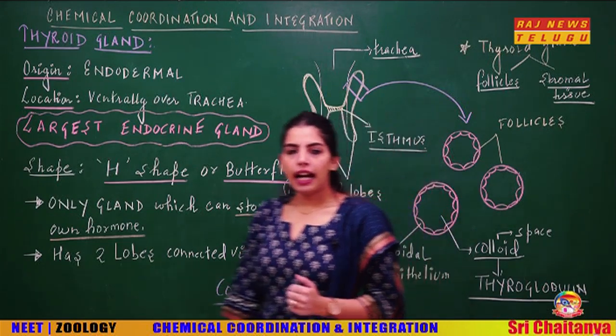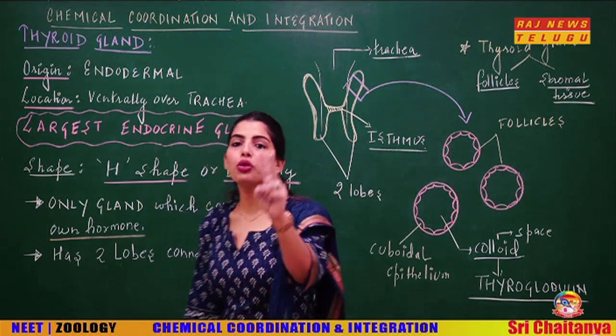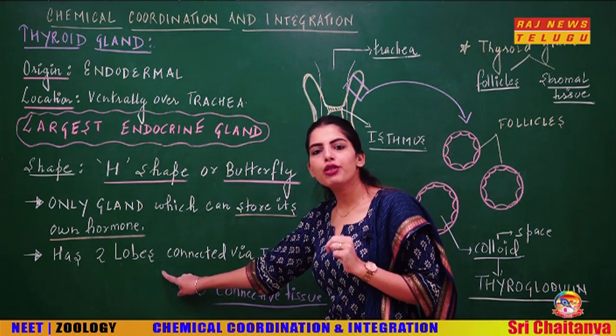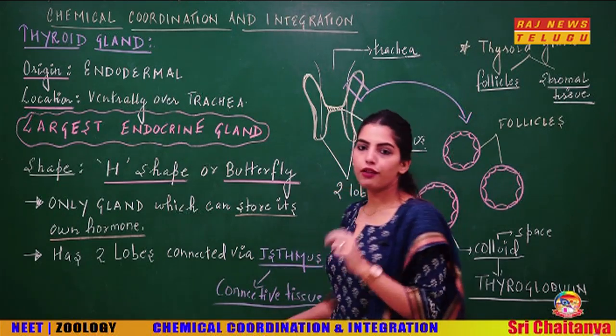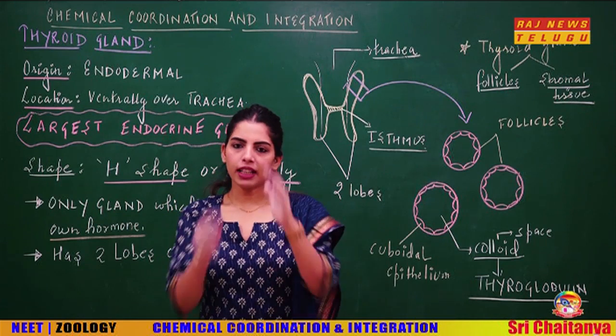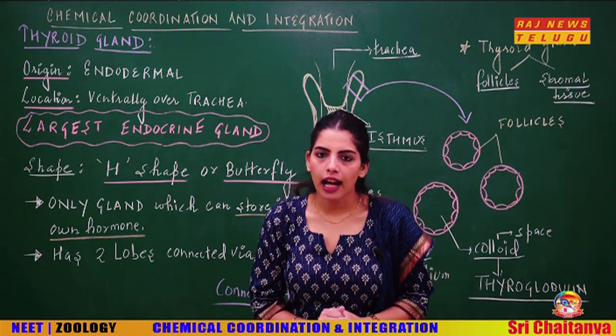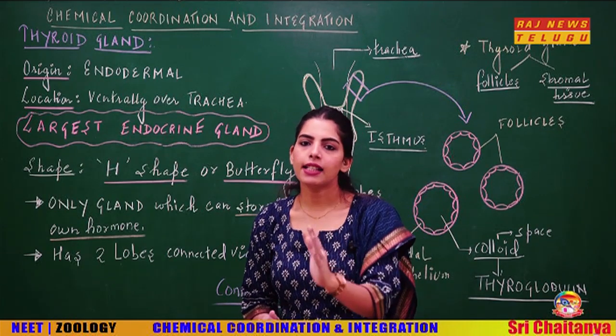The thyroid gland, which is present ventrally over your trachea, has two lobes, students. They are connected by a connective tissue called the isthmus. The connective tissue which connects both lobes of the thyroid gland is called the isthmus.